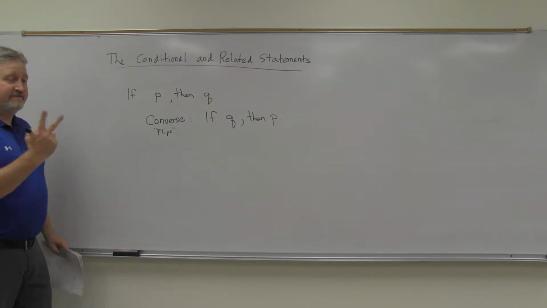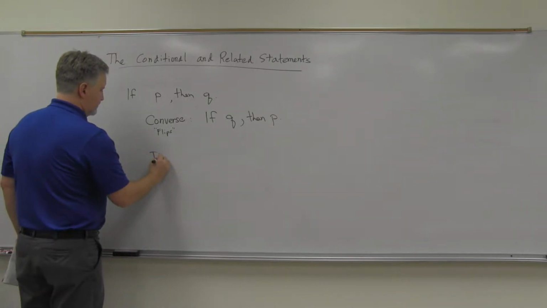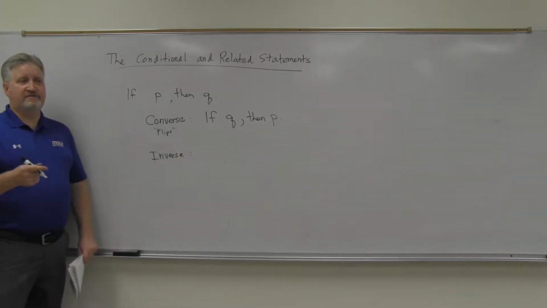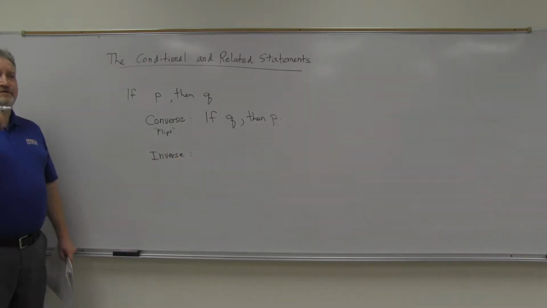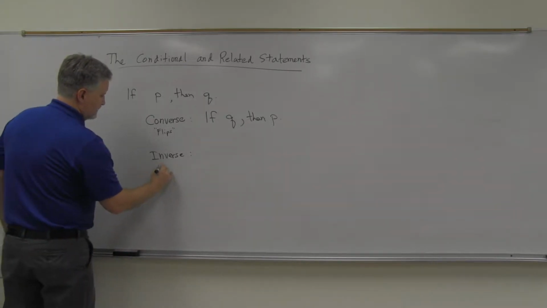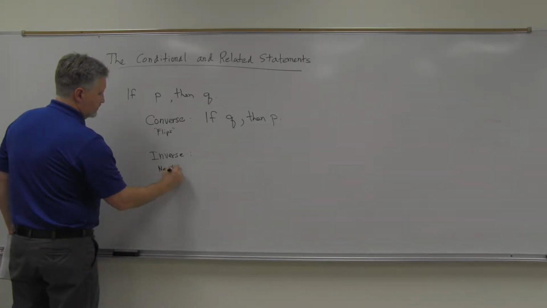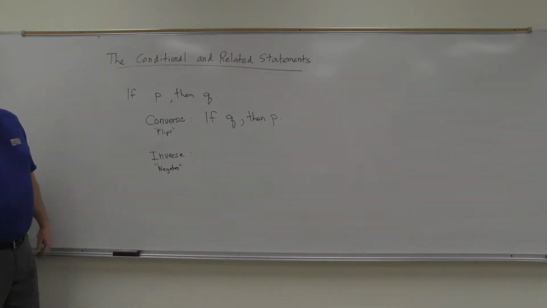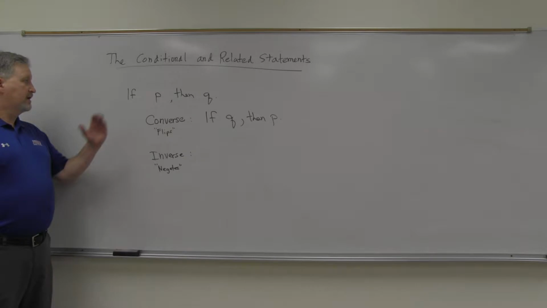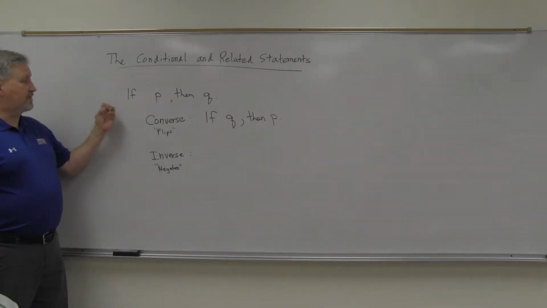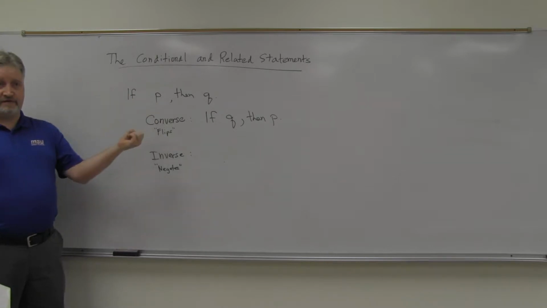The second one is the inverse. And the inverse doesn't flip it. The inverse just negates both statements. So going back to this one, the original statement is if P then Q, so I'm not going to flip those, I'm just going to negate them.